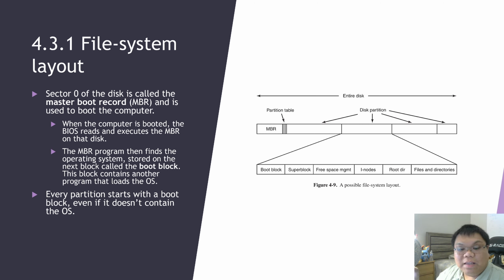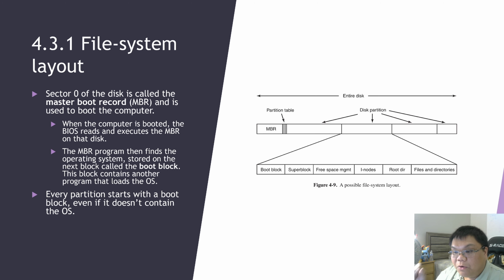In newer systems, it may be called the UEFI, but it more or less does the same thing. The BIOS has information that directs it to which drive contains the operating system. So once the BIOS starts up, it finds and executes the MBR on that disk that contains the operating system.